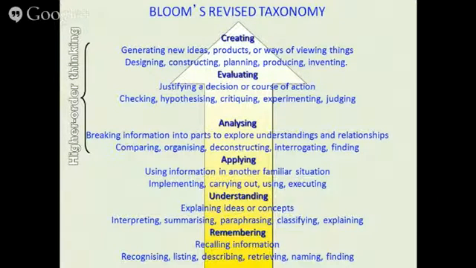Then comes applying. Applying involves applying the concepts and rules in a new situation. Once the student has the ability to apply the learned rules in the classroom to a real life situation or the world of work, those objectives are at the applying level.